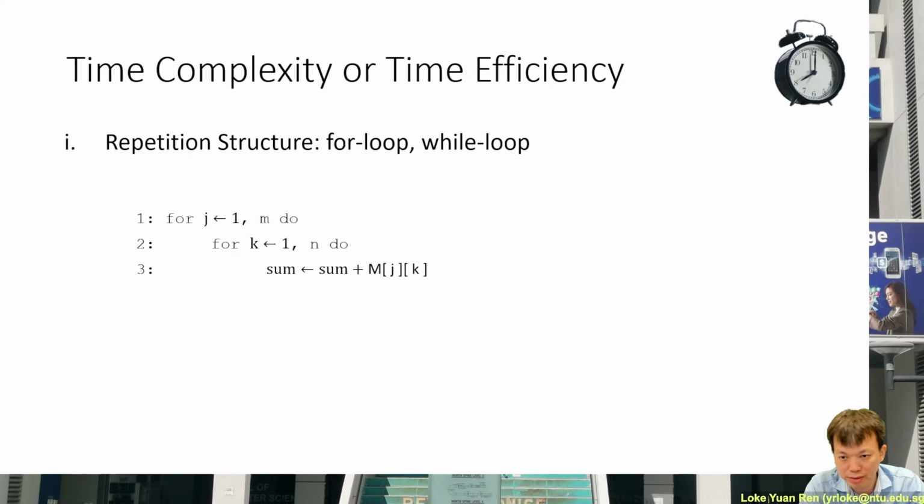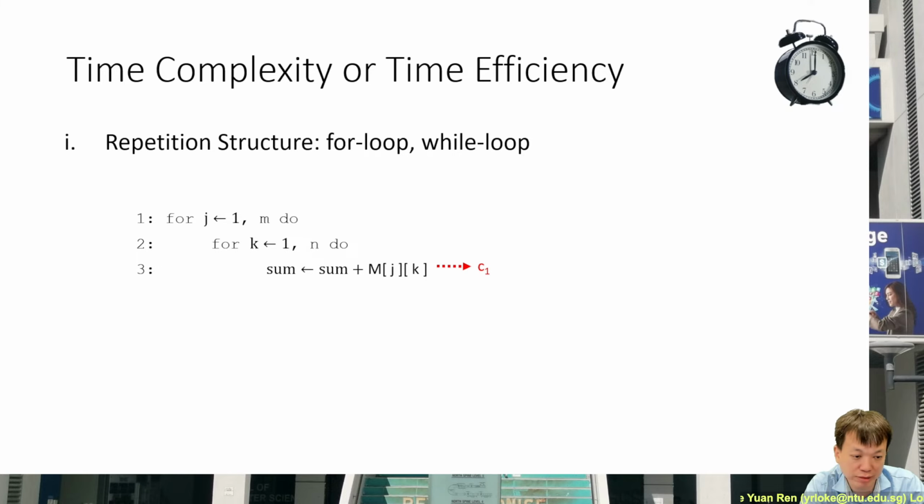Another example: instead of one for loop, I can make two for loops. It's a nested for loop, so that will be even worse. If I only do this particular primitive operation, I just sum all the elements in a 2D matrix and add into the sum variable.